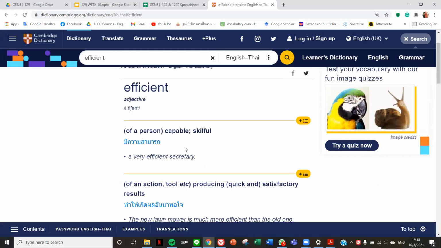So like, oh, he's good in accounting. So when you ask him to do calculation of the department or of his organization or company, he will do a perfect calculation. Everything is okay. No missing budget, and everything is in place. So someone who is efficient is very skillful.